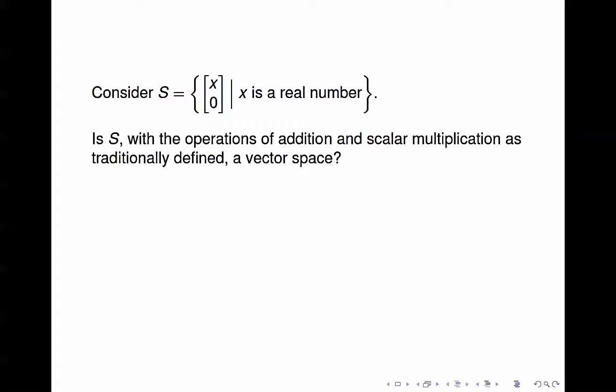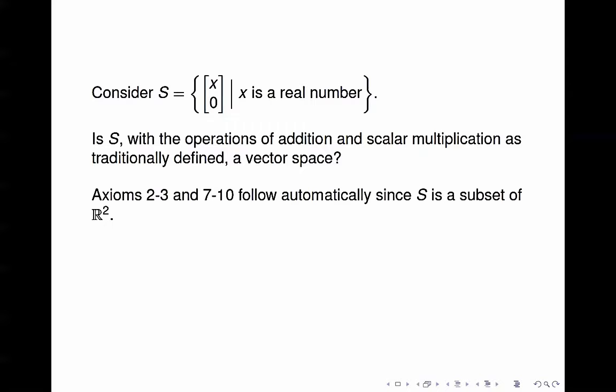So I want to know, is S with the operations of addition and scalar multiplication as traditionally defined, okay, what you're used to, is S a vector space? Well, again, axioms 2 and 3 and 7 through 10 follow automatically since S is a subset of R2, because 2, 3, and 7 through 10 are true of everything in R2.